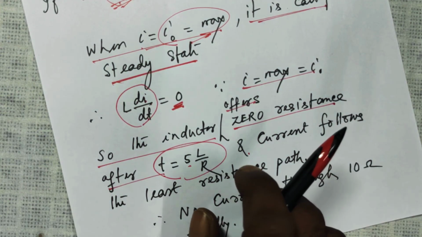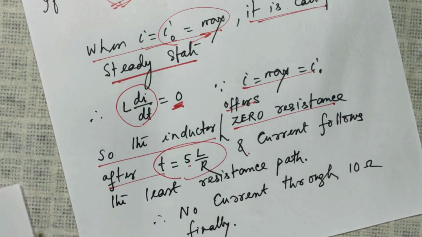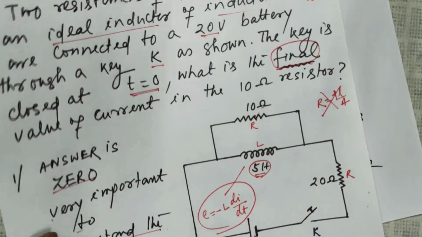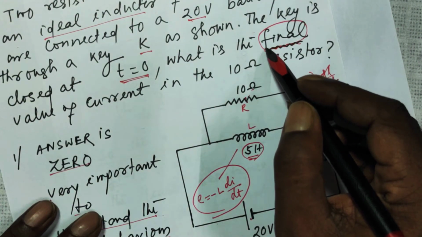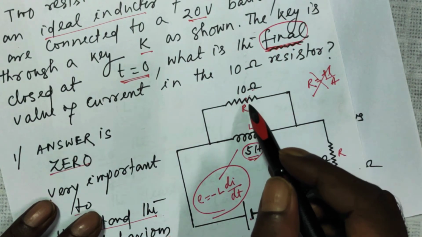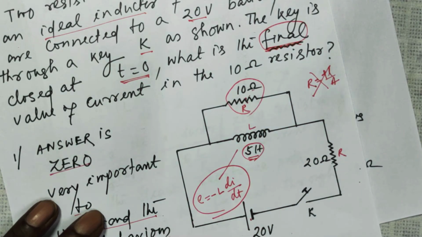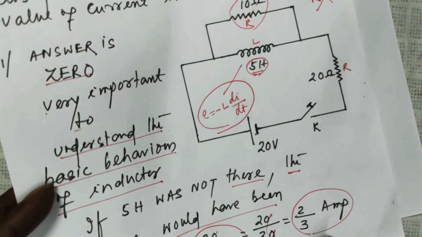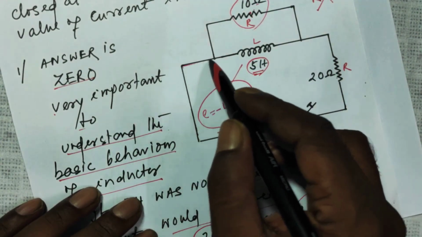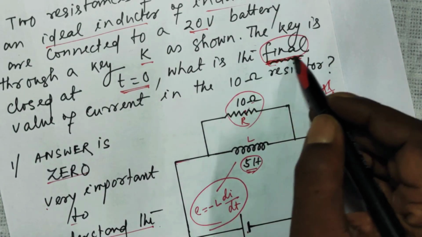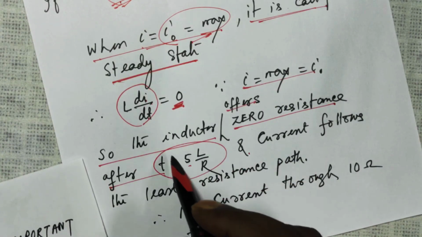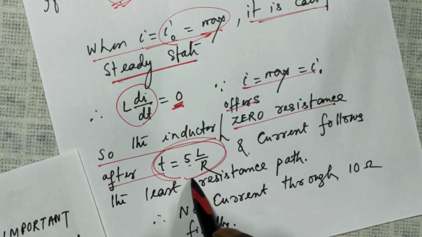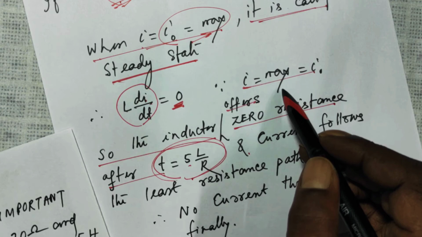So if you look at the diagram, in the question it was written, what is the final current in this? So this path, finally after 5 time constants, the current has become maximum.